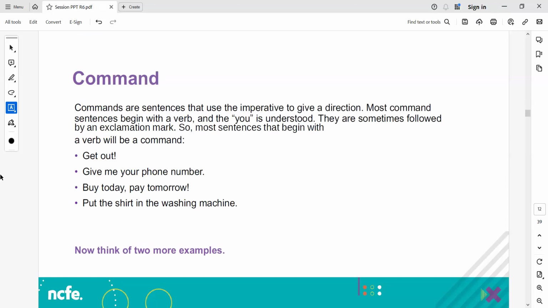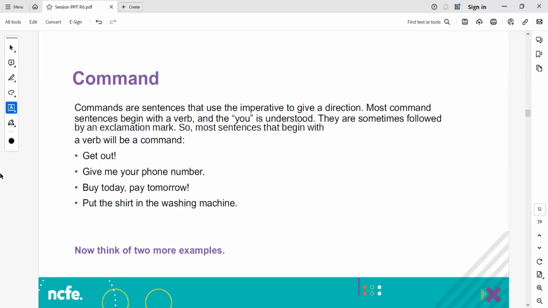So command. These are sentences that use the imperative verb form of the verb to give a direction. Most command sentences begin with a verb and the you is understood. So we don't have the you in the sentence, but that's understood that that's what is meant.